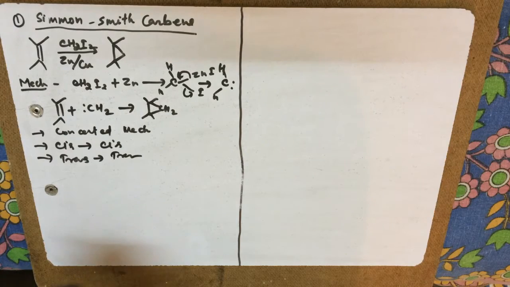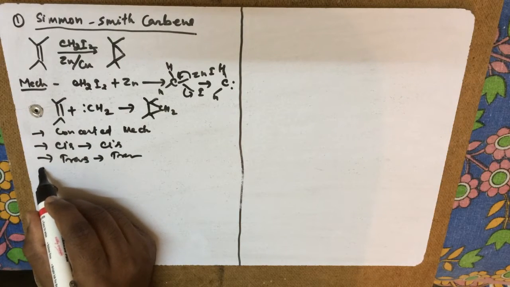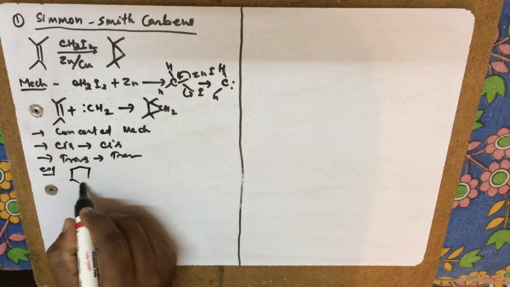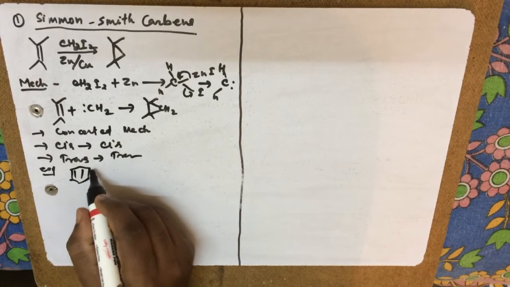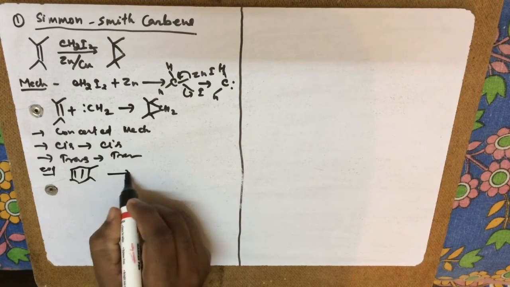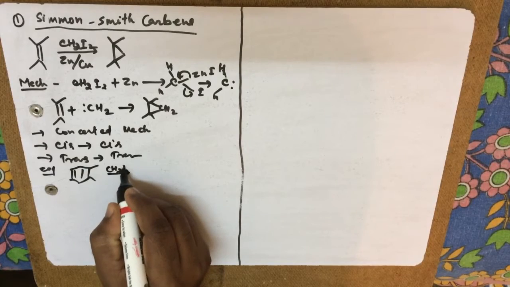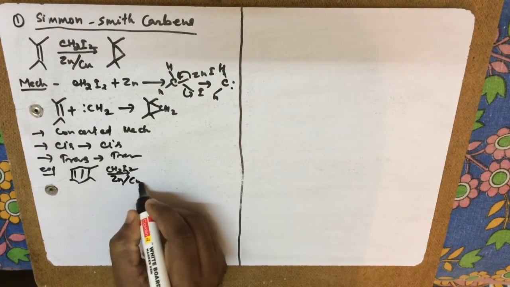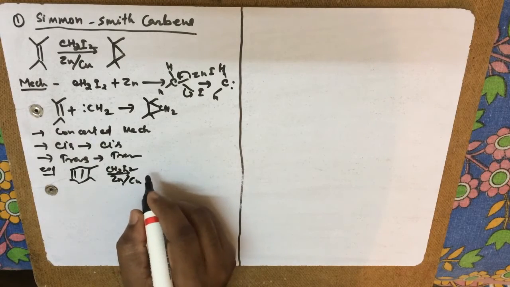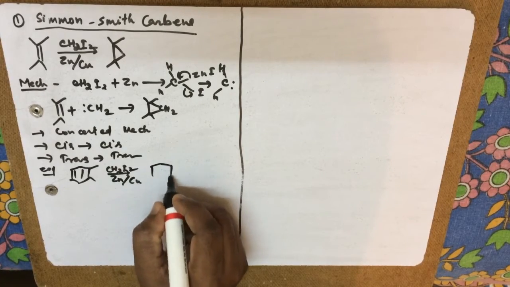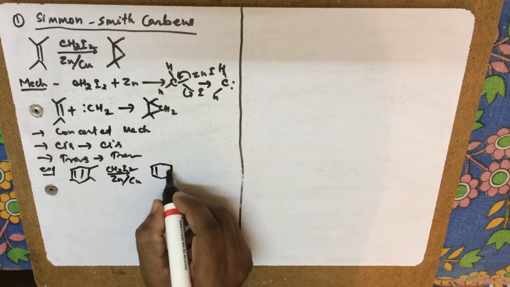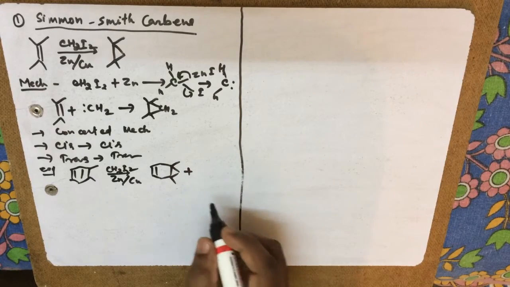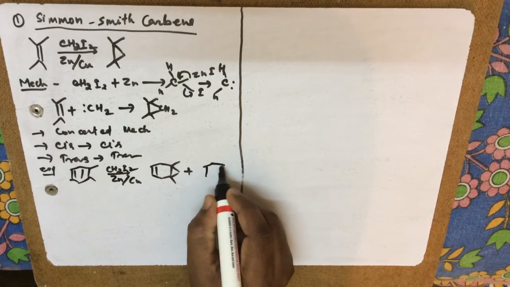So if you take one problem here, for example, this benzene ring reacts with this reagent, so you have to get this cyclic product. This reacts with this side. Okay, either you will get this also.